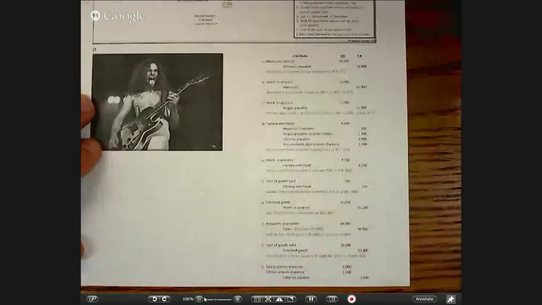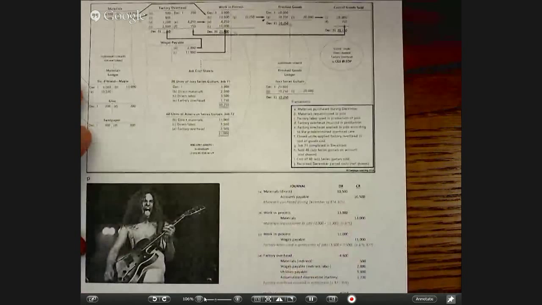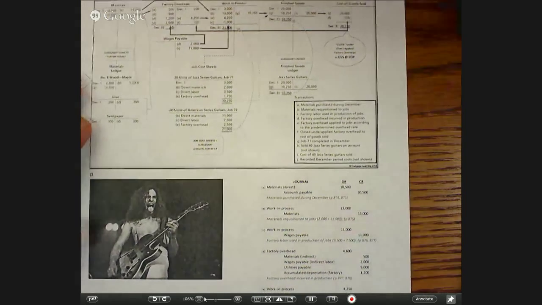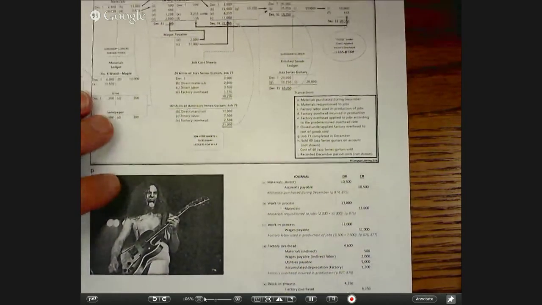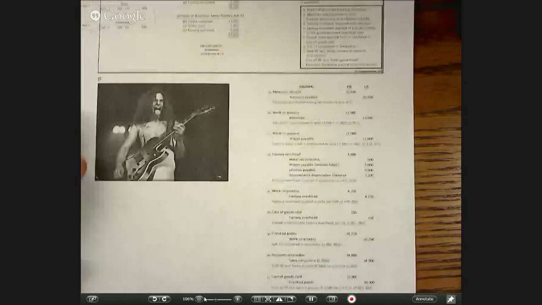Okay, and that would be the journal entry that we would make to relieve job number 71 to the finished goods. Okay, let's move on to the next item.